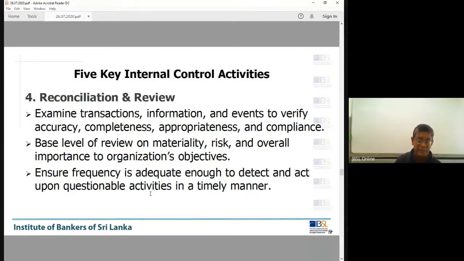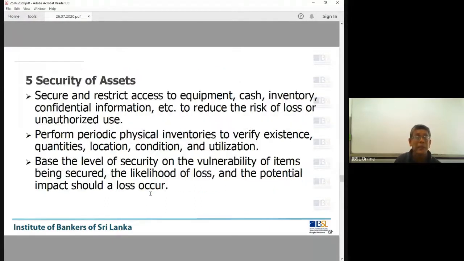We need reconciliations. And the last one, security of assets, inventory, and confidential information. Why do we need all these things? To ensure that internal control is established in the proper way in your bank.